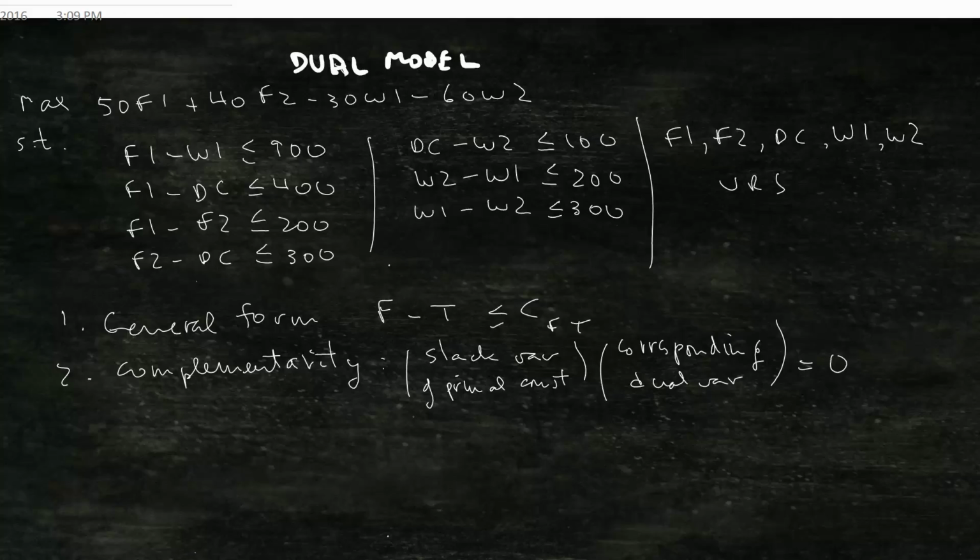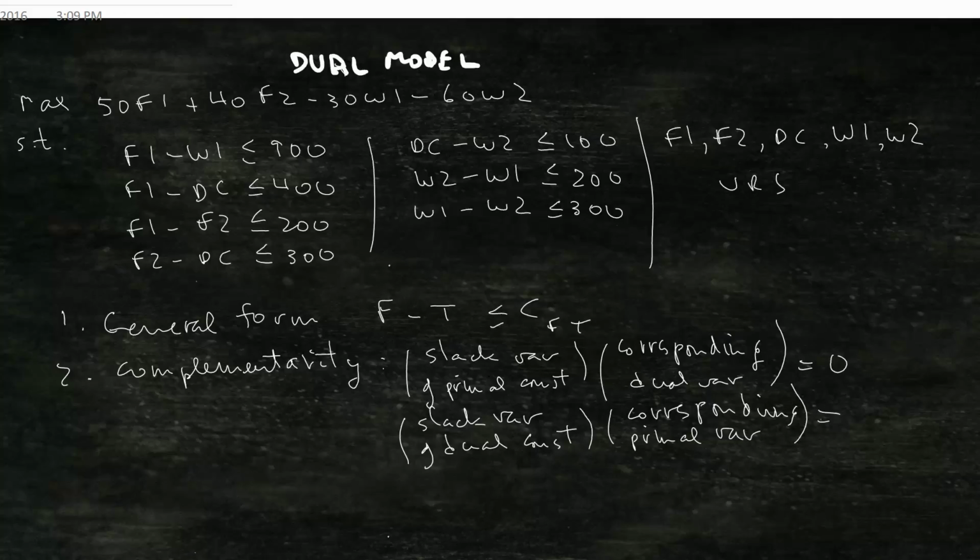We can also extend this relationship and say that the slack variable of a dual constraint times the corresponding primal variable has to be equal to 0.